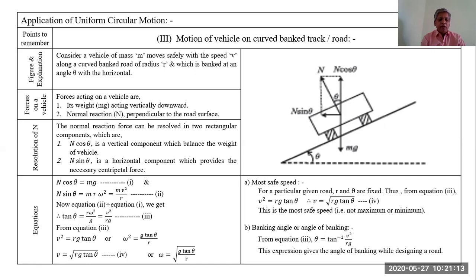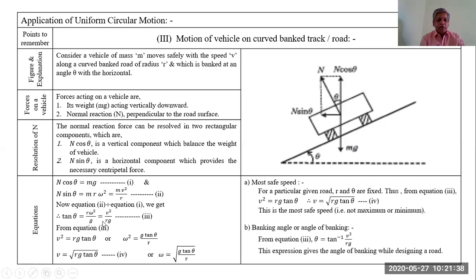Now equation second divided by equation first, we get N cancelled. Sin theta upon cos theta is tan theta. Tan theta is equal to m r omega square divided by mg. We get r omega square upon g, or m v square upon r divided by mg, we get v square upon rg. This is the tan theta.